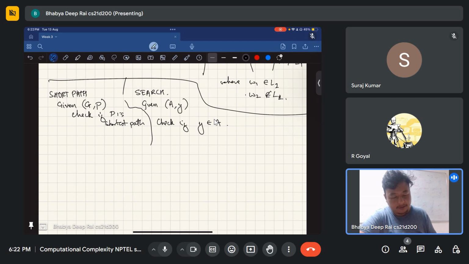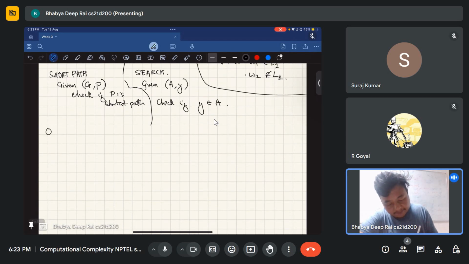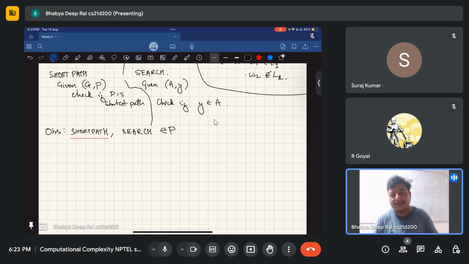Okay, good. Now, the observation is that both short path and search are in P. This you can clearly see. For the first one, apply Dijkstra's algorithm. For the second, apply linear search or binary search, and call them algorithm 1 and algorithm 2.